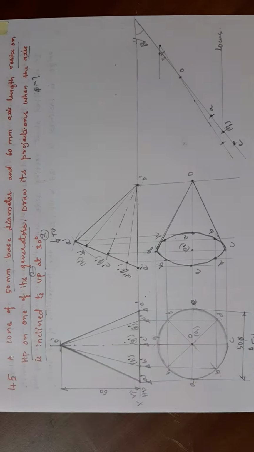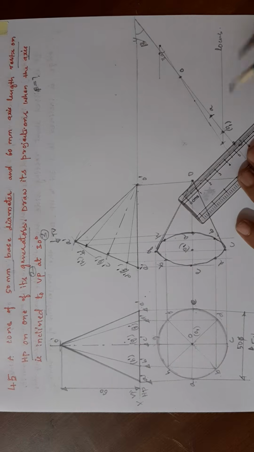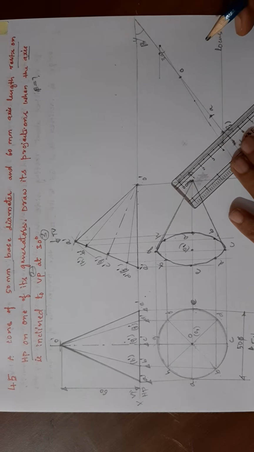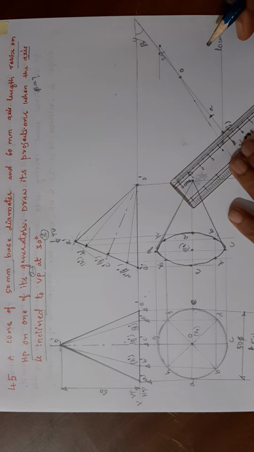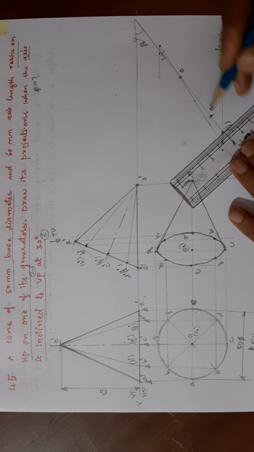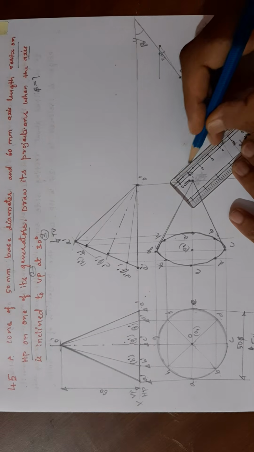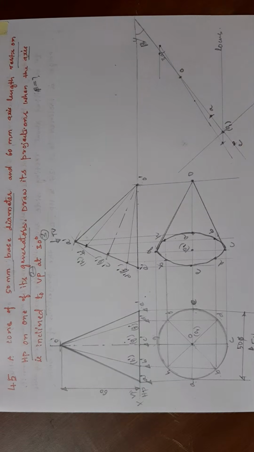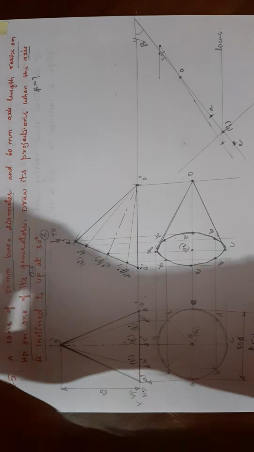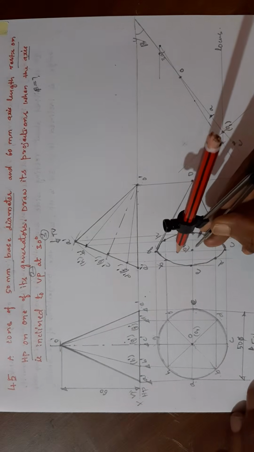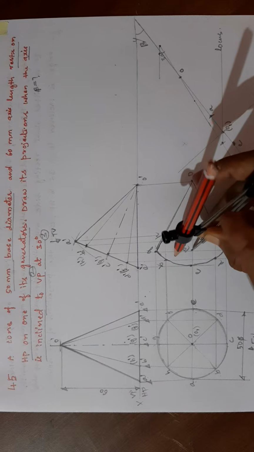Similarly, through O1 draw a perpendicular line to the beta line angle, like this. Then take the compass, measure O1G.